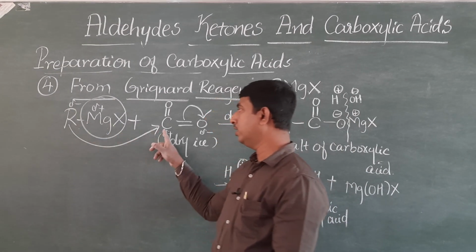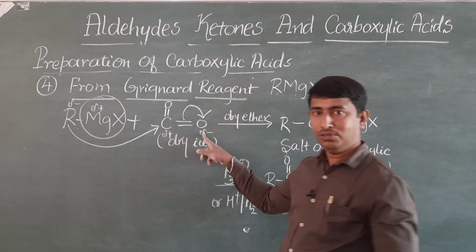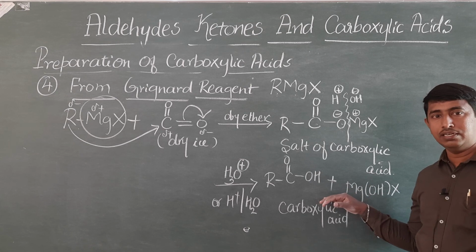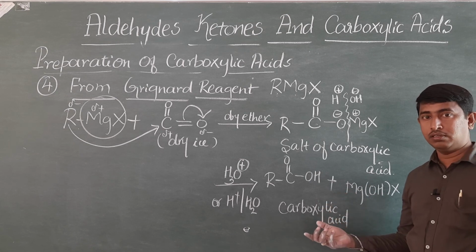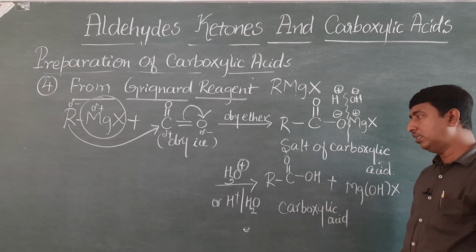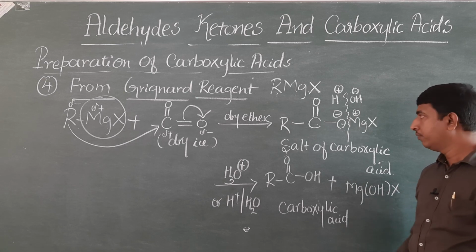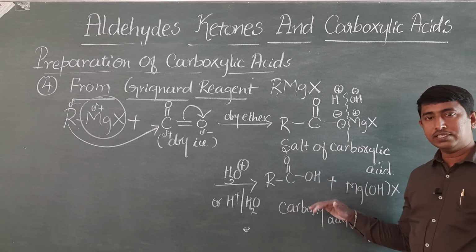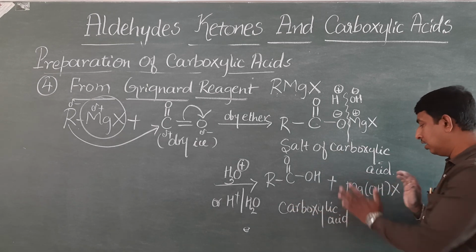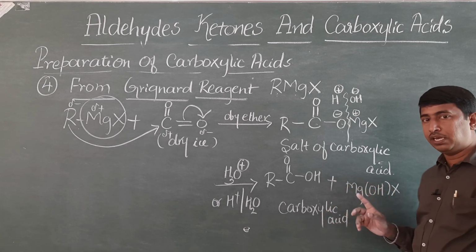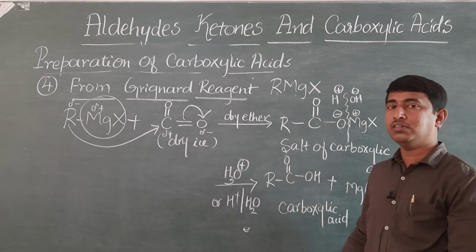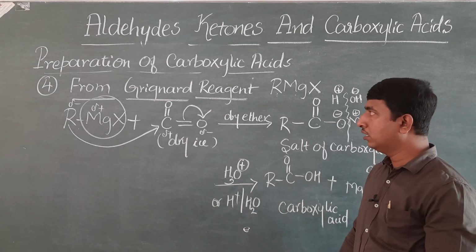The negative part is added to carbon, the positive part is added to oxygen, we get a salt of carboxylic acid, and this salt of carboxylic acid is further hydrolyzed by adding a dilute solution of an acid, or acid hydrolysis. Upon acidification, we will get two compounds, one is carboxylic acid, the other one is the addition compound of magnesium, that is MgOHX. So this is about preparation of carboxylic acids using Grignard reagent.